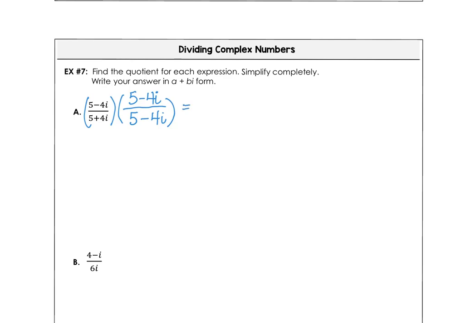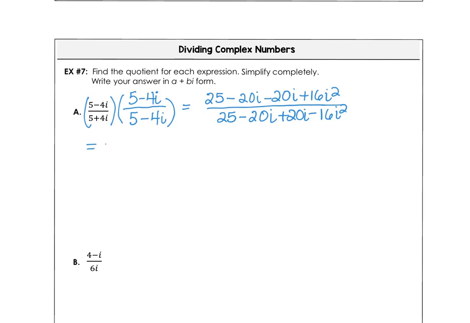So our numerator becomes 25 minus 20i minus 20i plus 16i squared. And then we have 25 minus 20i plus 20i minus 16i squared.